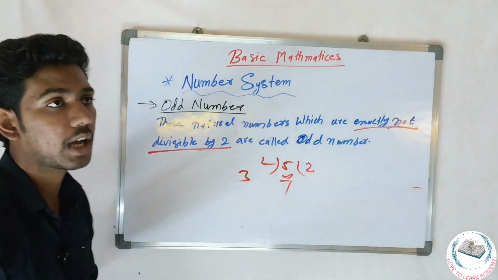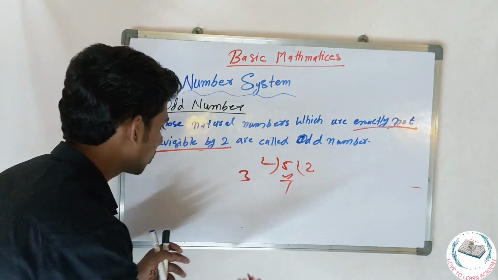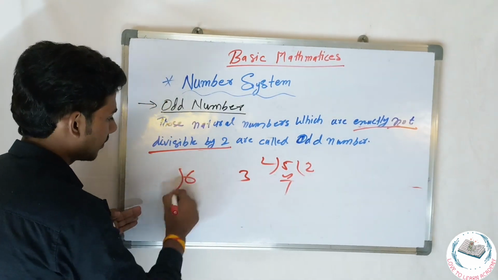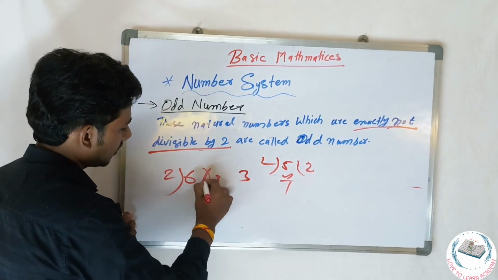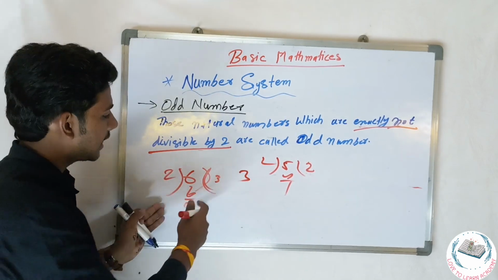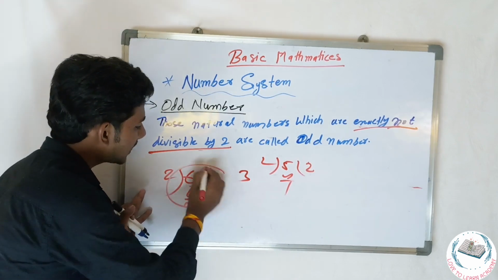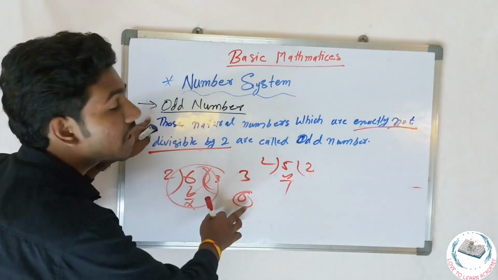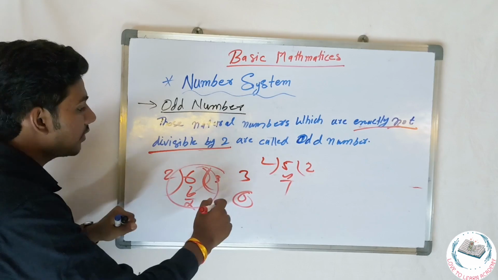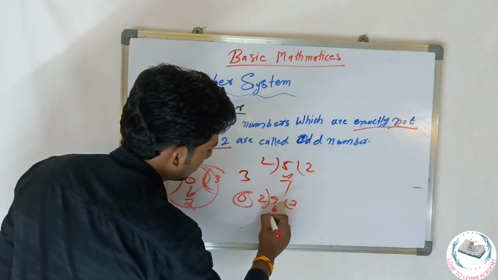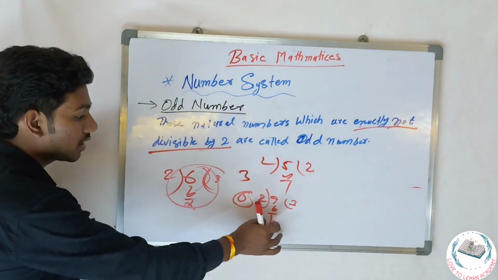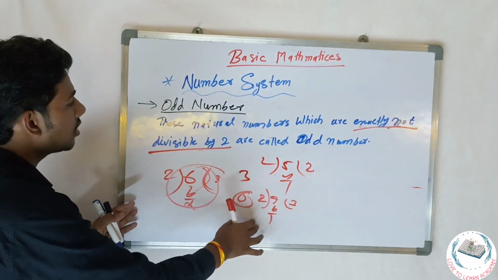If I talk about other numbers, let's take 6. It is divisible by 2. So this 6 is not an odd number, it's an even number. If I talk about 7, it is not divisible by 2, which means it's an odd number.